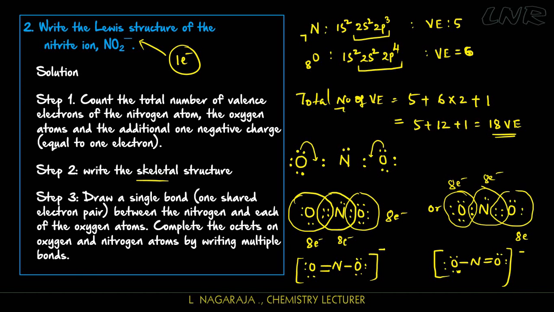If you have any extra electrons with you, only in that case they are to be distributed to the central atoms. If all the atoms do not follow the octet, in that case it is to be satisfied by writing multiple bonds between the atoms. So these are the steps to be used to write the Lewis dot structures.